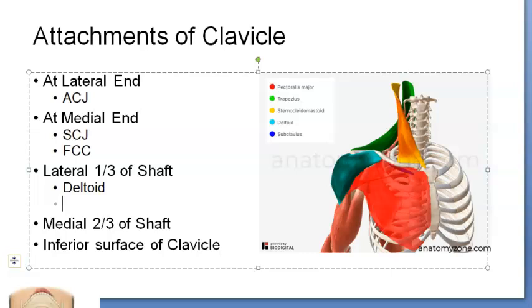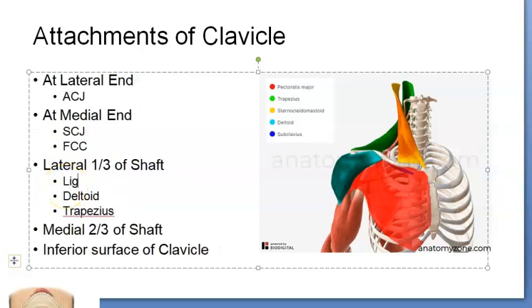Then anteriorly deltoid I can see. Posteriorly it is trapezius, right? Trapezius muscle.